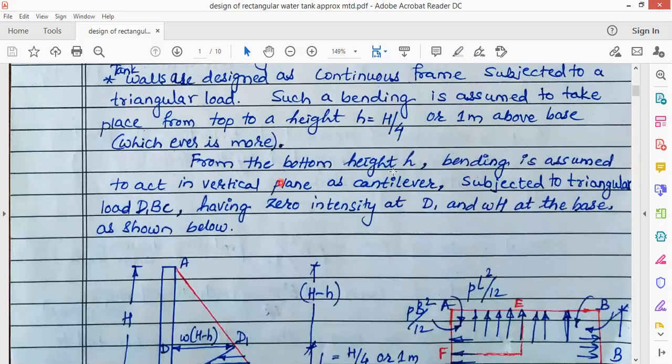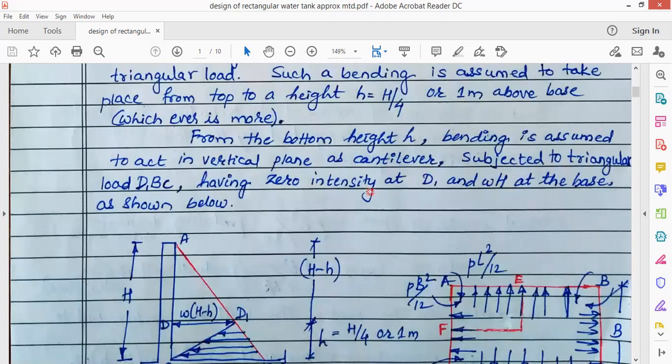For the bottom height h, that is the triangular portion we are going to consider, the cantilever action takes place.